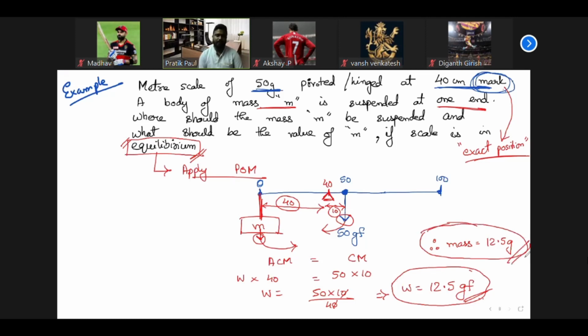Now, definitely values will be given as 12.5 in your examination, but the units are something they will try to play around with. So please focus on that. Anyone who didn't understand this example, let me just try to give you a question.